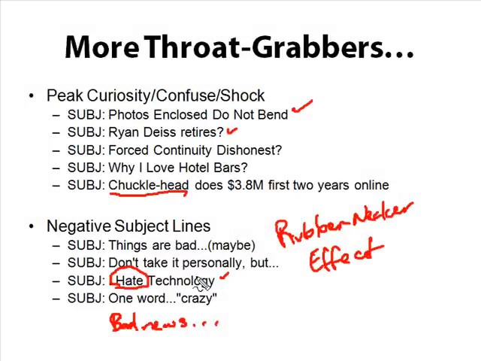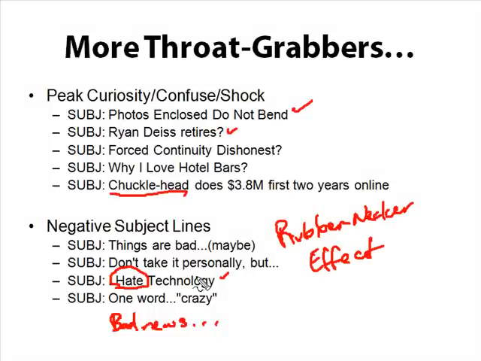You need to spin it as quickly as you can. You don't want to just leave that sitting out there. So with "don't take it personally," the email shouldn't open with, hey Bob, I've got this new product launch coming up, and then down in the fifth paragraph you get to the don't-take-it-personally part. It needs to be congruent.